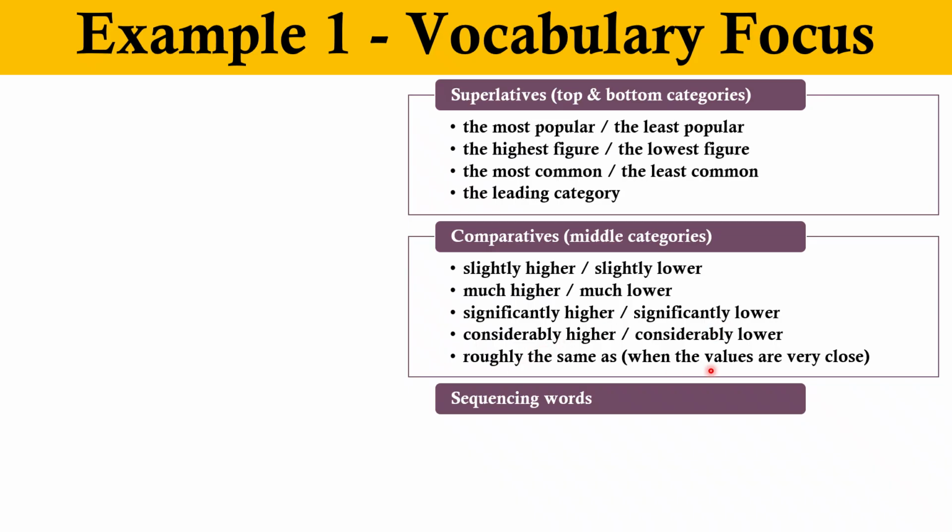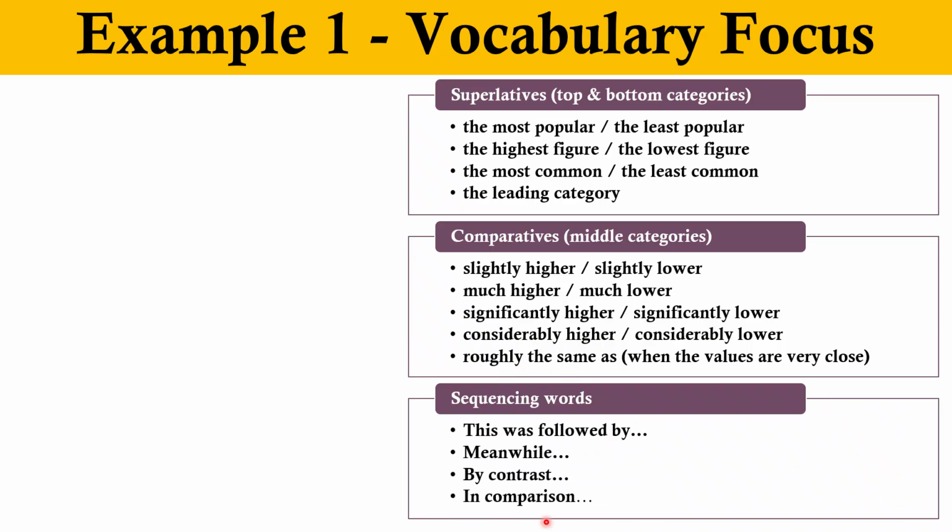If values are almost the same, you can say roughly the same as. And to connect your ideas smoothly, you should use sequencing words such as this was followed by, meanwhile, by contrast, or in comparison. These words make your description more fluent and logical.